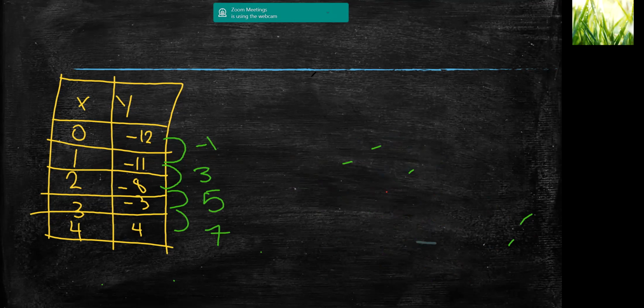Let's now go to the second difference. 3 minus 1 is 2. Then 5 minus 3 is 2.